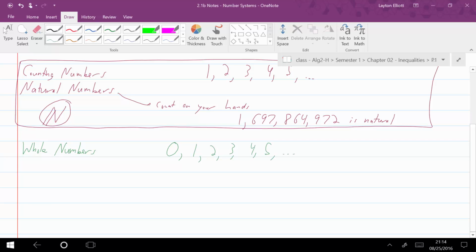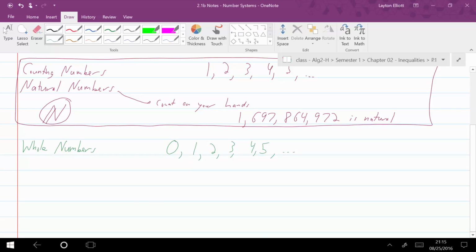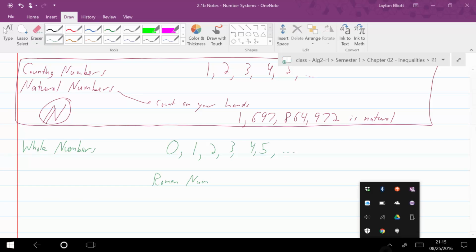We include the number 0 because that was an important discovery. The idea that we could have a number 0, that we could discover that we can use this to mean things. This was a huge area of controversy in ancient times, because they didn't feel that 0 was a number. Roman numerals did not use a 0. Roman numerals started with the number 1.